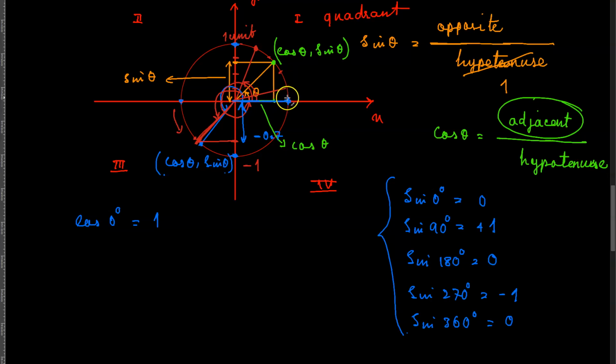And then you can just keep going. As you can see, as I increase the value of this angle, making it greater and greater, I would keep moving this point along the circle, and I would get to, for example, this point.